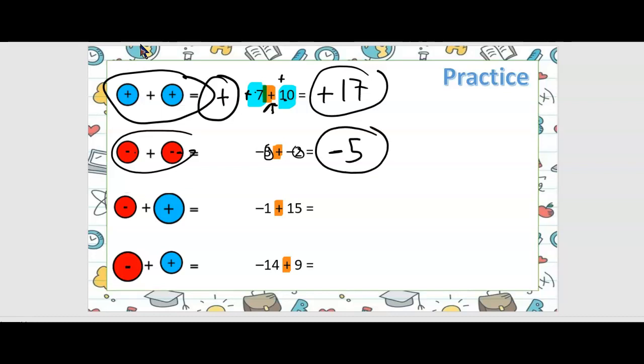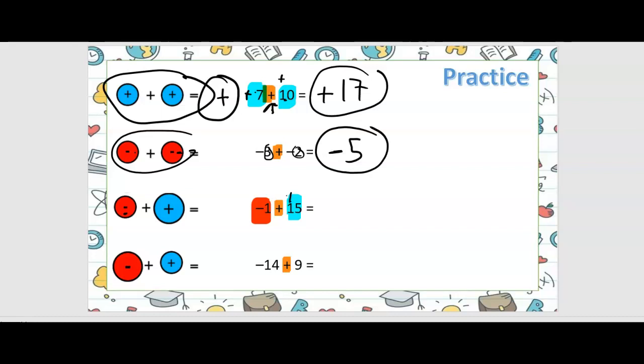What about this one? See this here? That 1 is less than this 15. Even though negative 1 is actually less than positive 15, that's not always the case. Maybe this isn't the best example, but at any rate, we take the sign of the number that has the greatest absolute value, which is the 15.